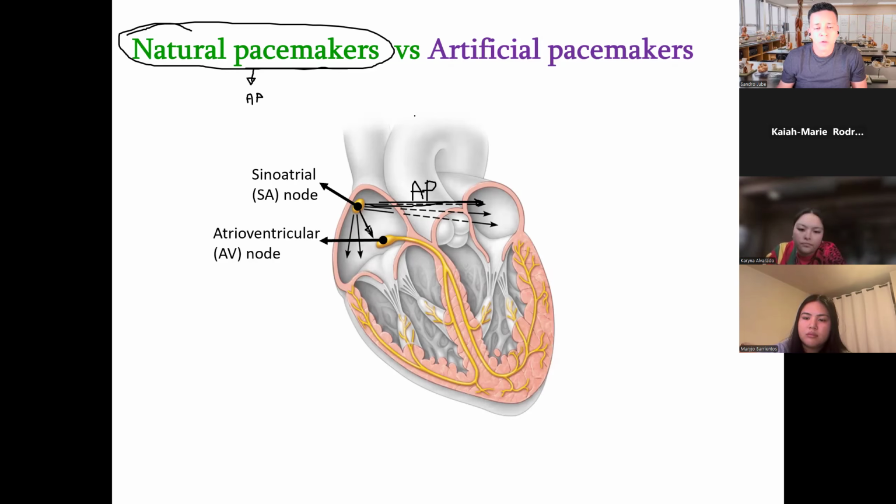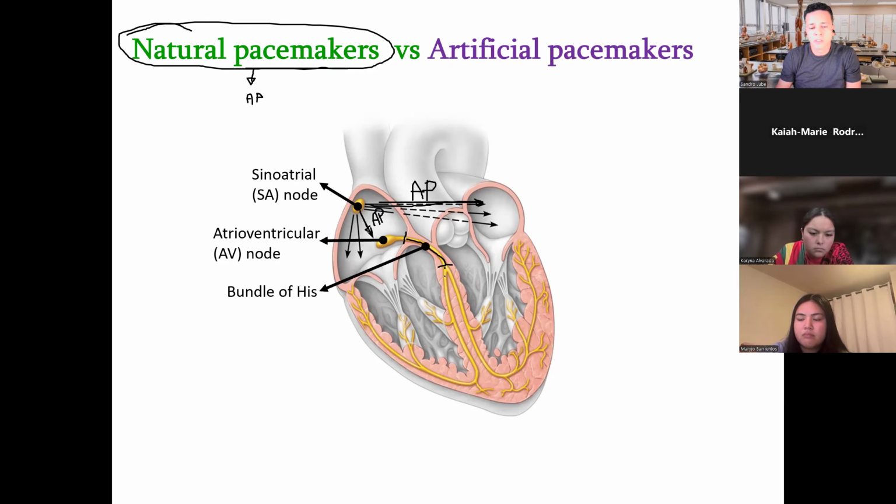Now, the AV node right here is going to take the signal, the action potential coming from the SA node, and is going to send the signal inside the ventricular walls. We can see there are several segments of nerves right here, which will spread the action potential through the ventricular wall. The first section of the nerve is what we call the bundle of His.